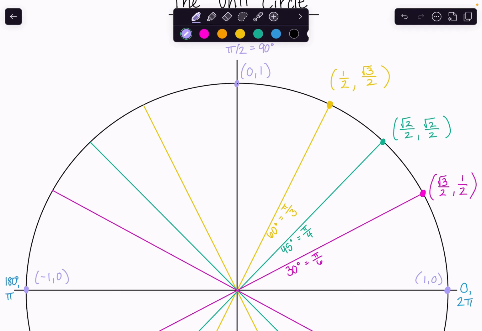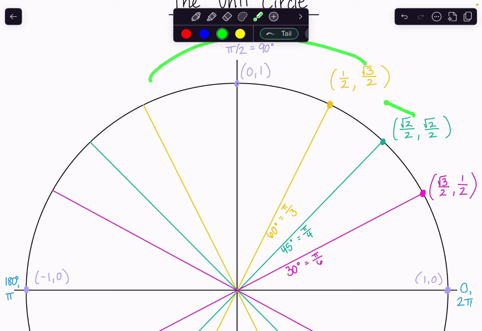Likewise, any angle that ends up here is going to have your cosine be 1/2, your sine be root 3 over 2. Okay?